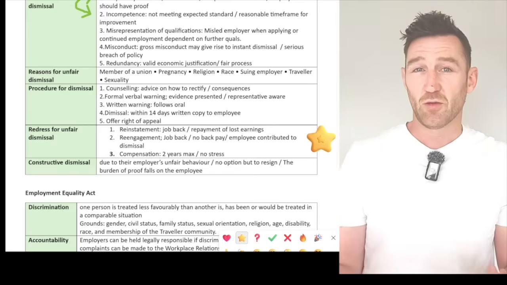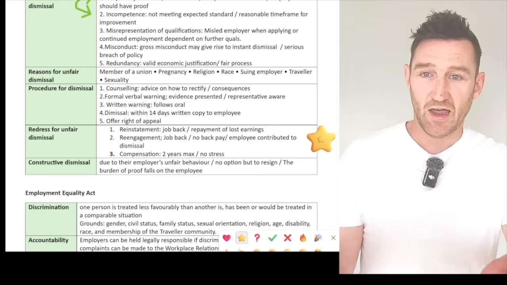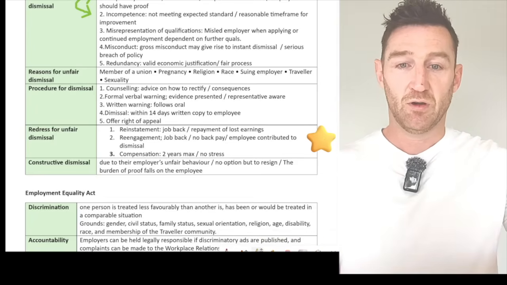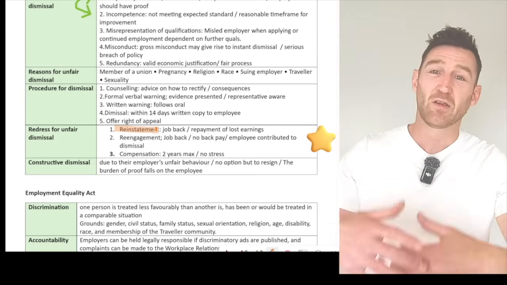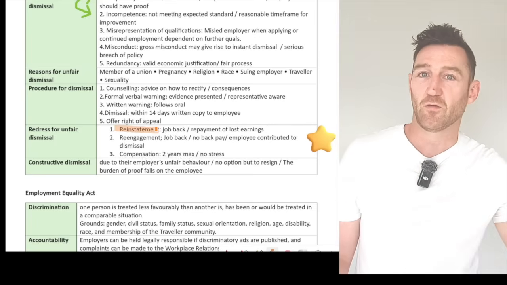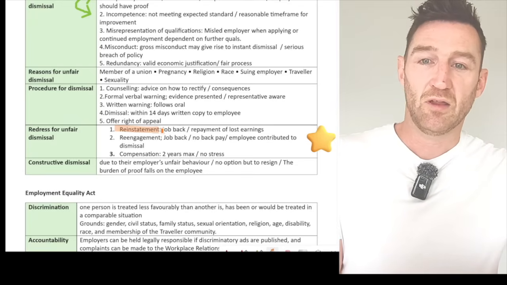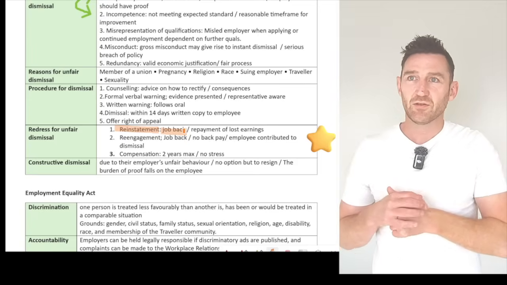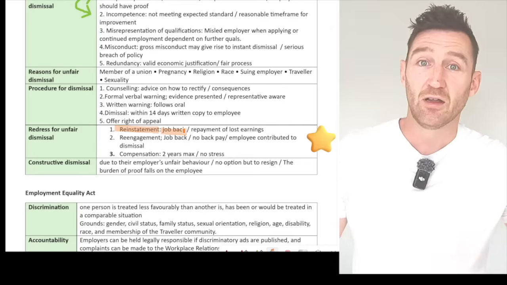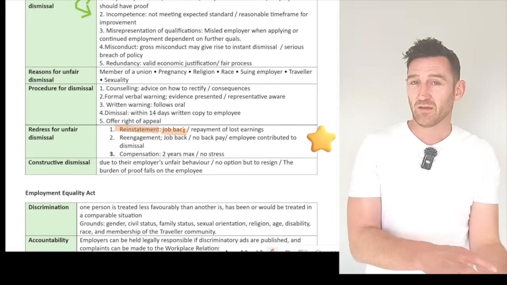Usually in that type of question, you'll come up with the heading, so you'll come up with reinstatement and you'll get marks for that. Let's say that's 2 marks, and then there's 3 marks for an explanation. So let's say reinstatement means the employee is given their job back, or they're treated like they were never dismissed in the first place. So you've explained it in 1 sentence of information there.